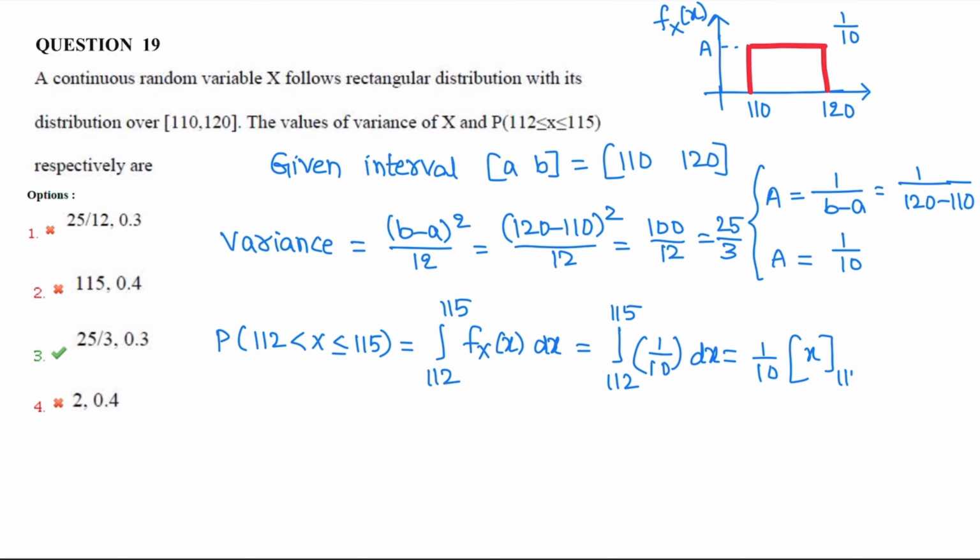Limits of integration is from 112 to 115. So that is 1 by 10 into (115 minus 112). It is 3 by 10, 0.3. The variance of x is 25 by 3 and probability of 112 less than or equal to x less than or equal to 115 is 0.3. Correct option is option 3.